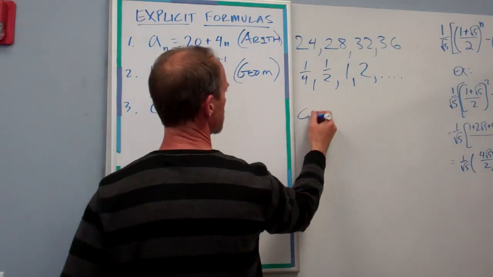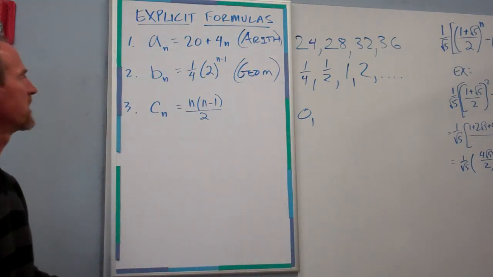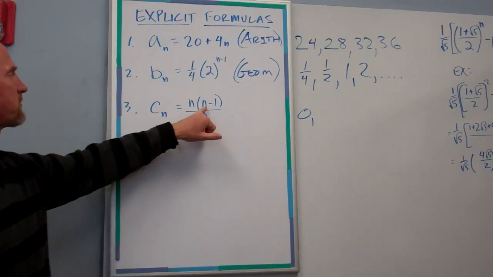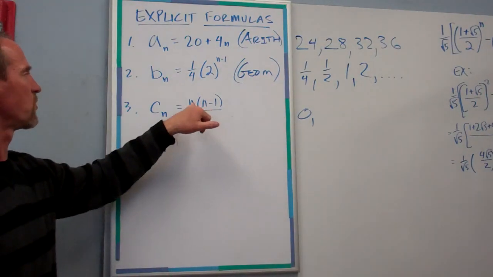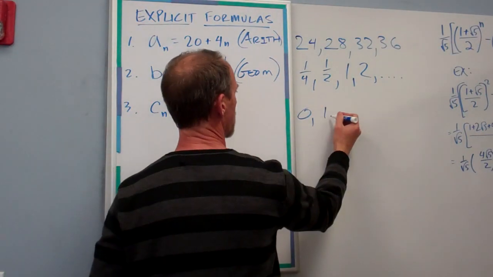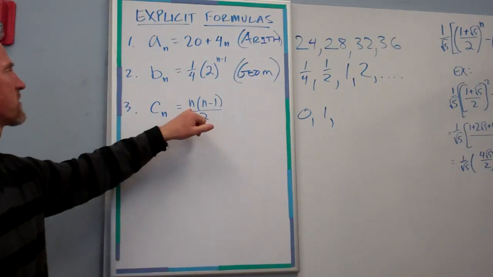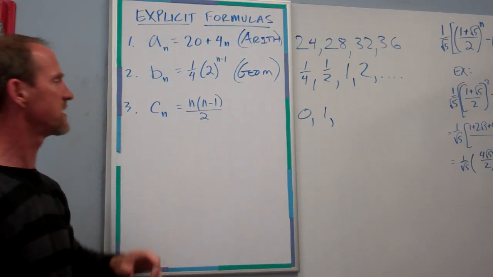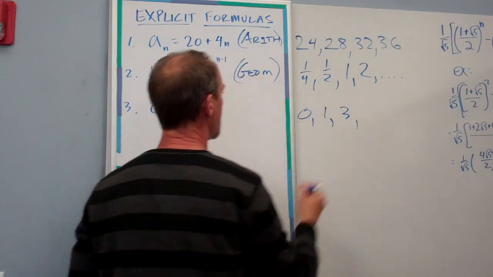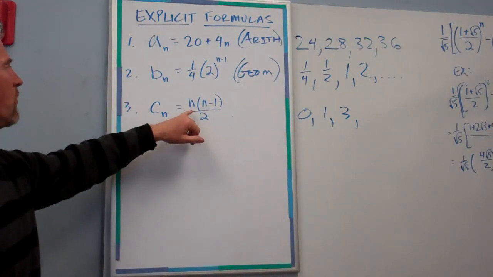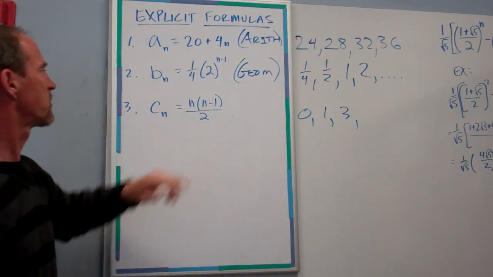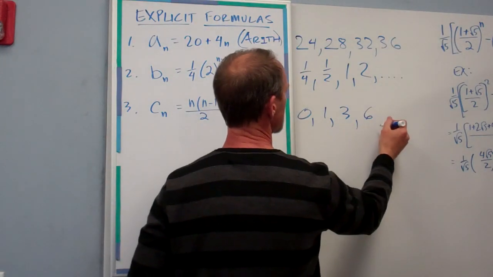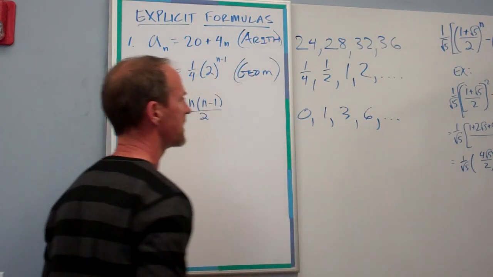So my first number there is 0. If I plug in 2, 2 times 1 is 2, 2 over 2 is 1. If I plug in 3, I get 3 times 2, that's 6 divided by 2 is 3. If I plug in 4, that's 4 times 3 is 12 divided by 2 is 6, and so on. And I get that pattern.